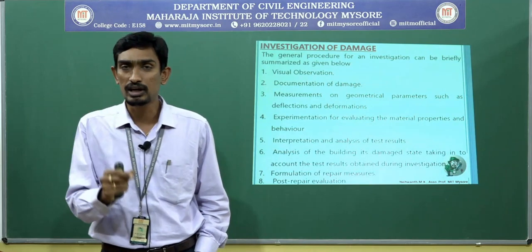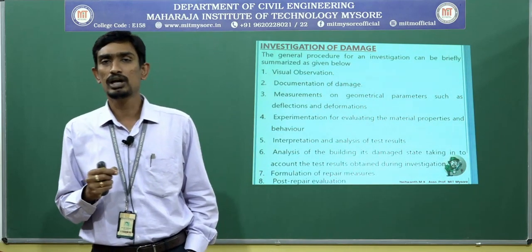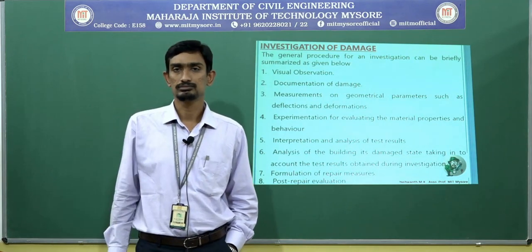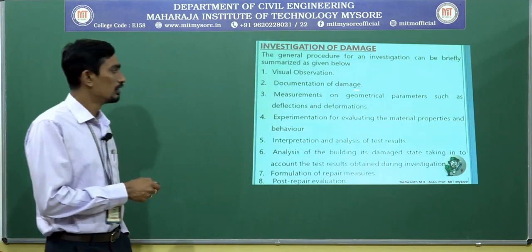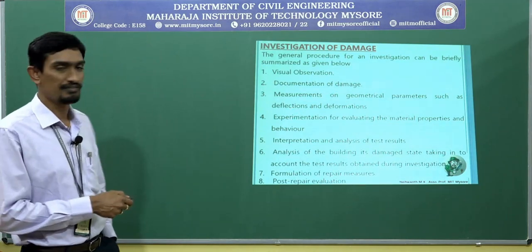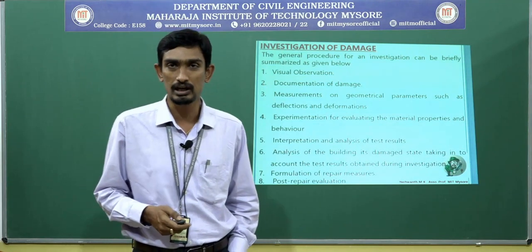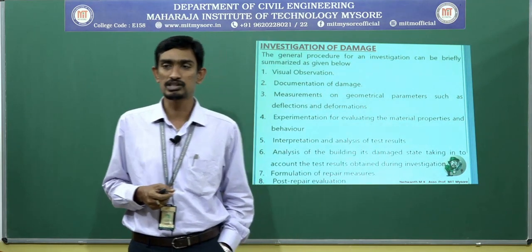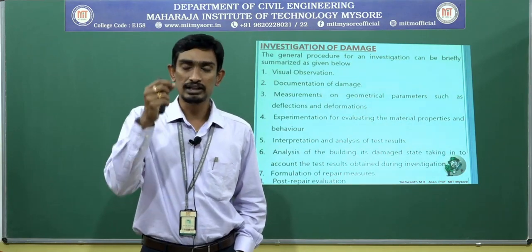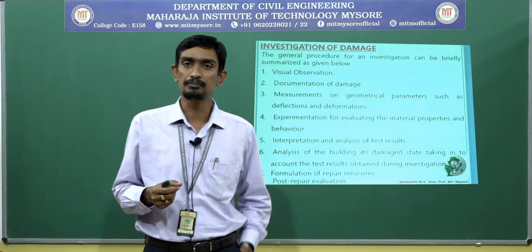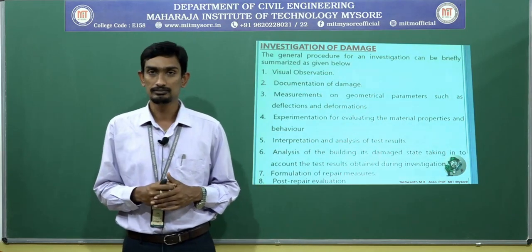At that extent you need to be very cautious to take the next step. Is it clear? So now, measure the deflection or deformation. Whatever deflection or deformation you have measured in that particular beam, whether that measured deflection is within the permissible limit or not, you need to document that.